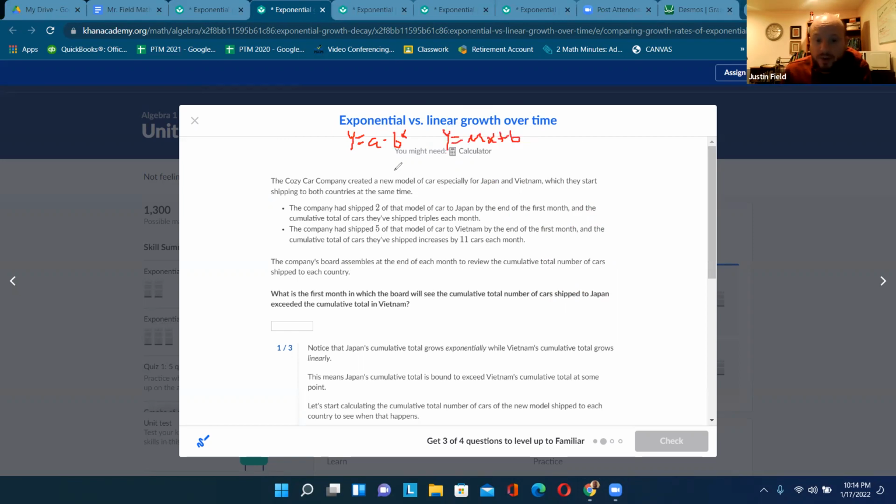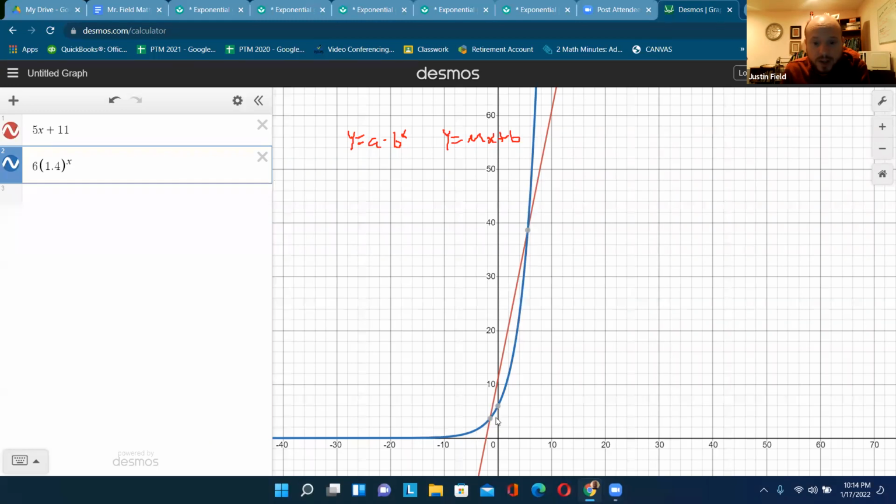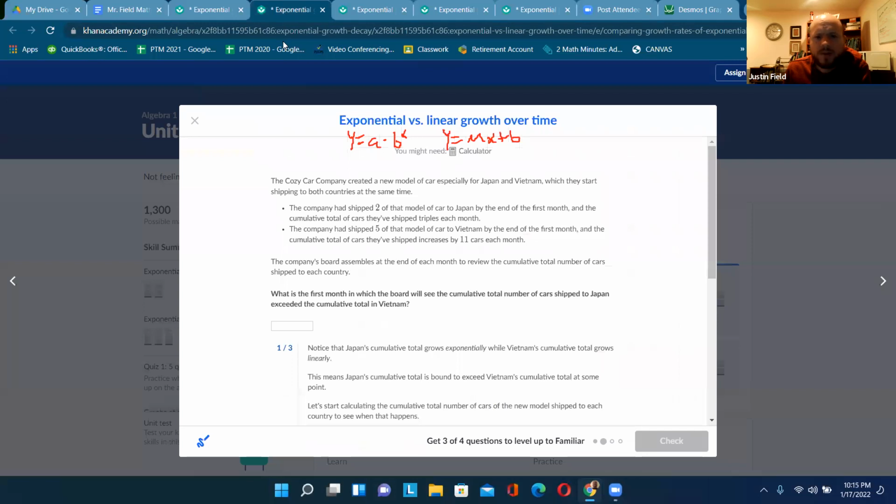So what we could do is graph them both and see where they intersect, which is what I did the first time. So this is a linear line, an exponential curve, and they intersect. You can see the Desmos. We will use that. But for this particular assignment, we're going to just create 2 tables.